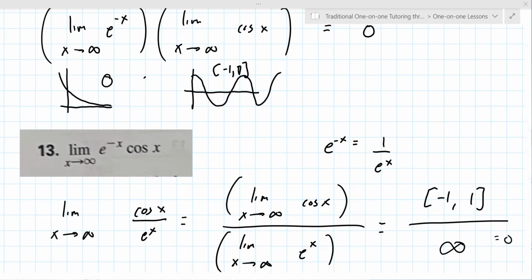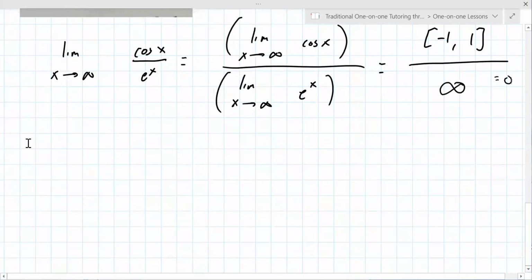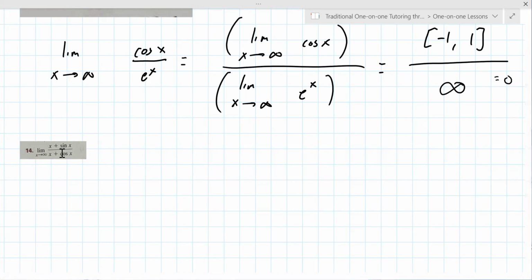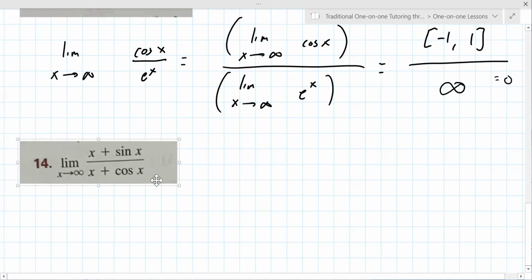All right, so 14 is the next one here. This is x plus sine x over x plus cosine x. The idea with this problem is that what's important is the leading term here.